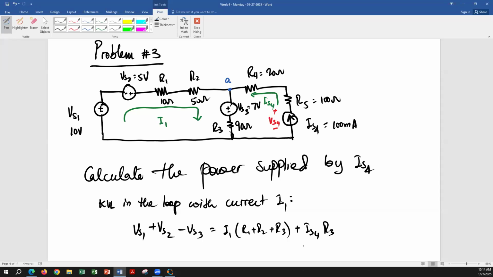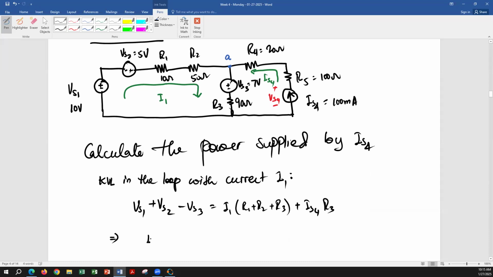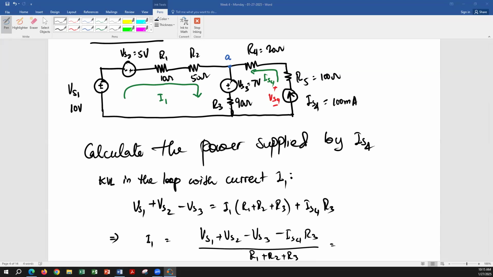Okay. I1 is what we're looking for, and I1 is what we're gonna get. So I1 is equal to VS1 plus VS2 minus VS3 minus IS4 times R3, divided by R1 plus R2 plus R3. Negative 6.667 milliampere.